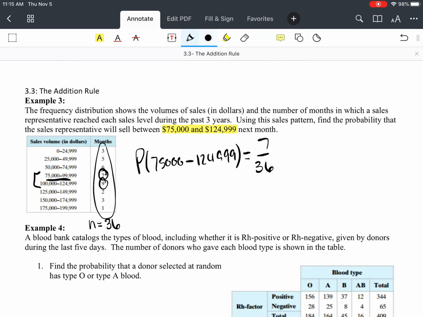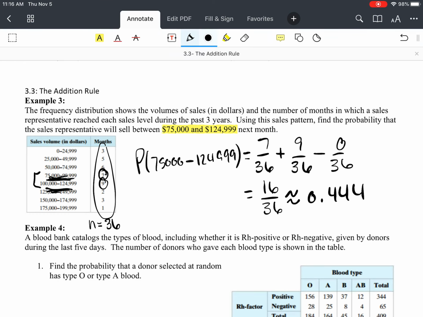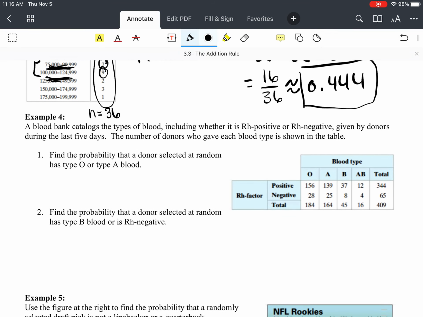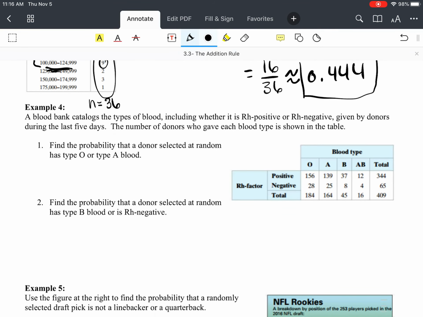So we have 7 out of 36, that's the probability that it lands within this range, plus 9 out of 36, the probability that it'll land within that range, minus 0 divided by 36 because they don't happen at the same time. Simplifying, we get 16 out of 36, which is approximately 0.444, or 44.4%. So this is our probability that it'll happen.